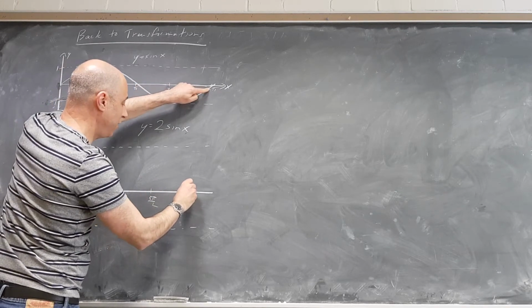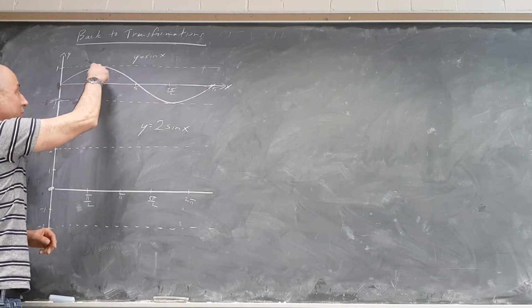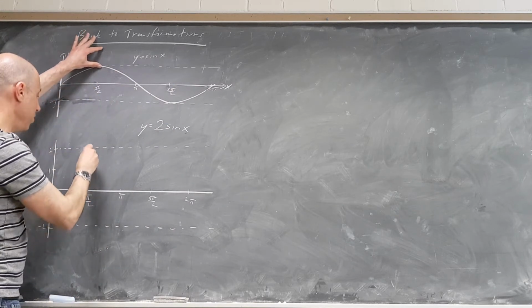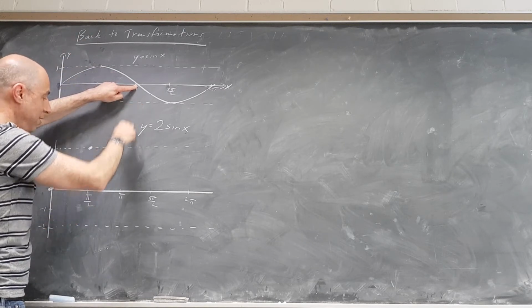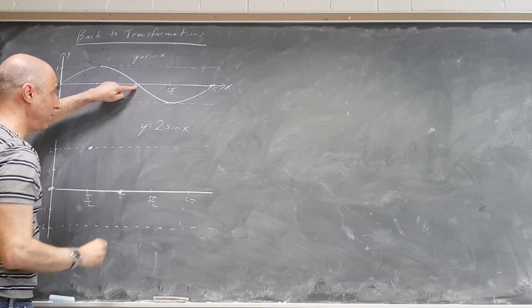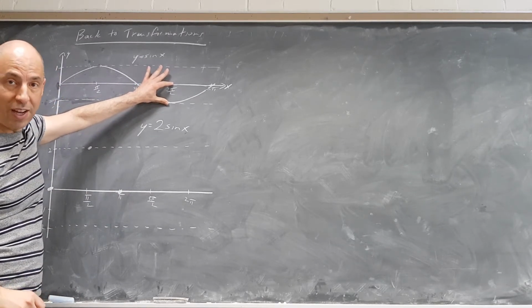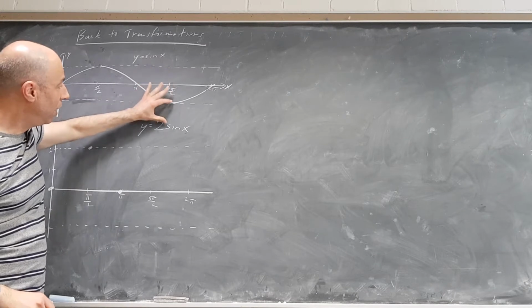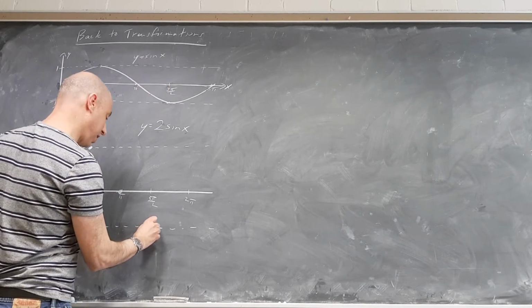You could have done this all in the same set of axes if you liked. So this point that was 1 unit above the x-axis now moves 2 units above the x-axis. This point's right on the x-axis, it stays right on the x-axis. This point that was 1 unit below the x-axis, it goes now 1 unit more below the x-axis, down to 2 units below the x-axis.